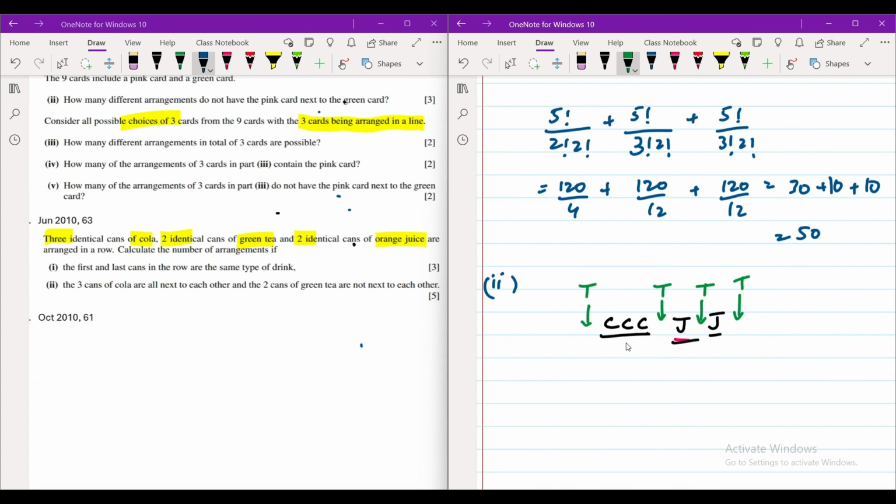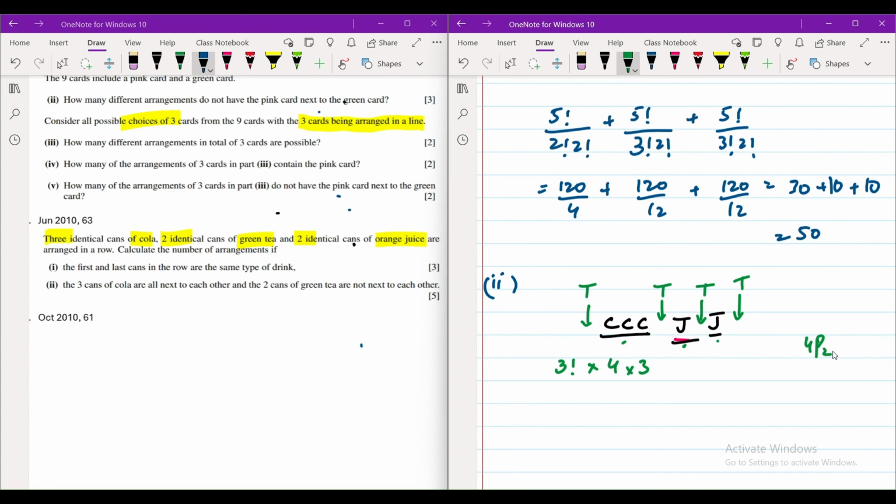So we can arrange it that, right? So how many items do we have? 1, 2, 3, 3 factorial first times by, since we have 4 times by 3 for 2 cans, or 4P2 also, right?